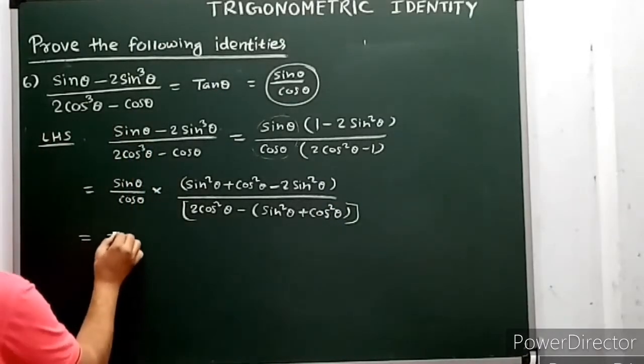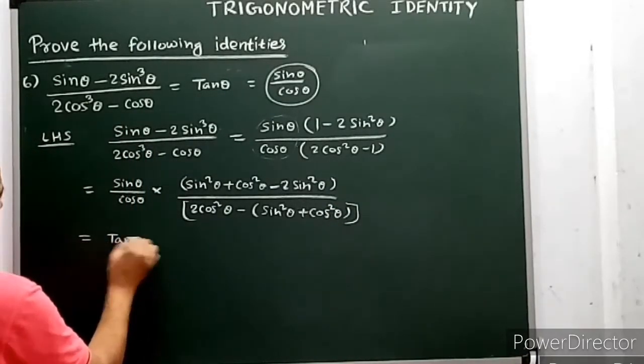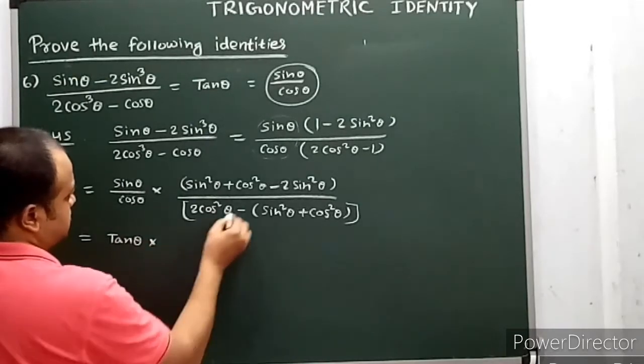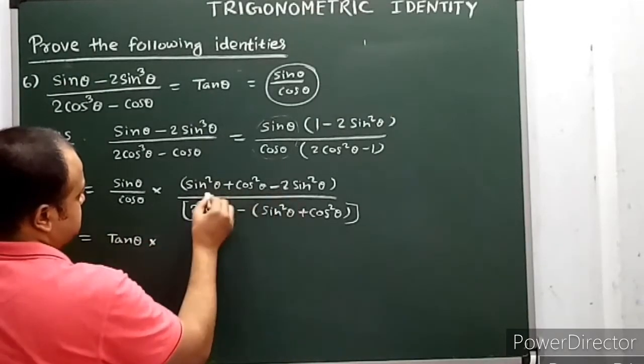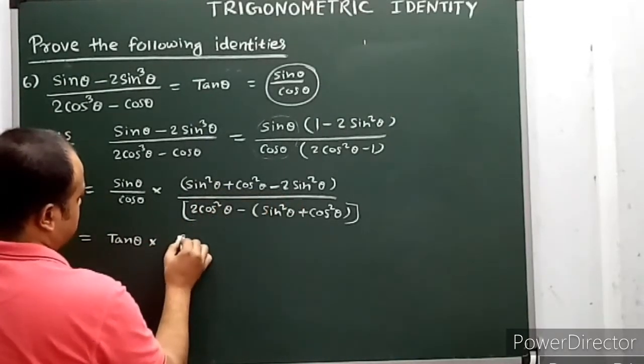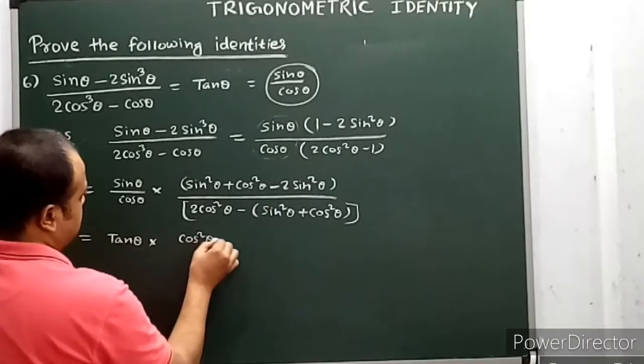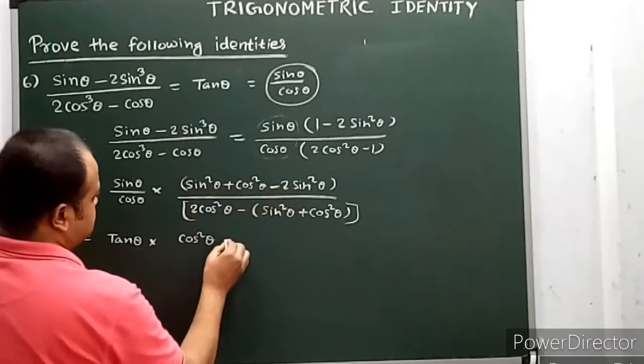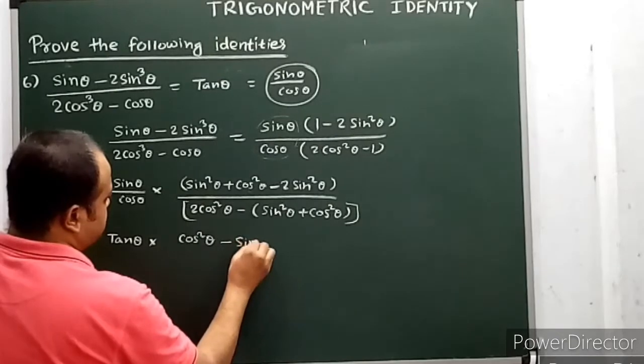Now sin theta by cos theta is tan theta. I am writing it tan theta into, now what is this? See, this one, cos square theta is left here, and sin square theta minus 2 sin square theta is minus sin square theta.